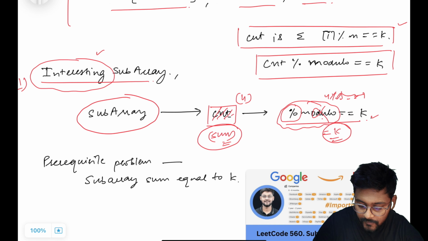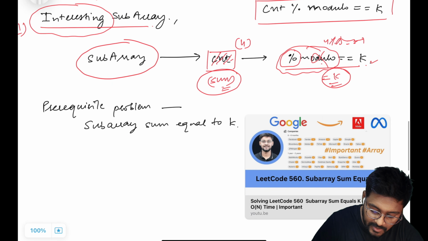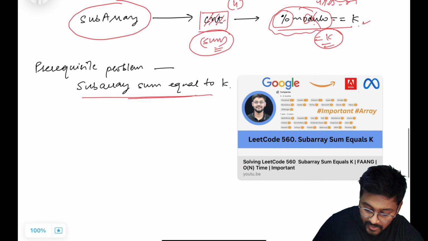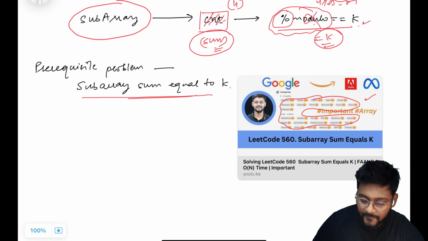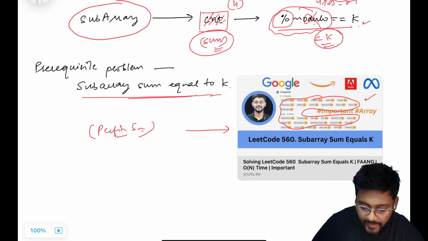So this is the problem which most of us are already familiar with: subarray sum equals k. And this is a very important problem. You can see there are so many companies out there in this thumbnail. If you are not aware of this problem and you are new to the concept of prefix sum, I would recommend you go and watch this video.